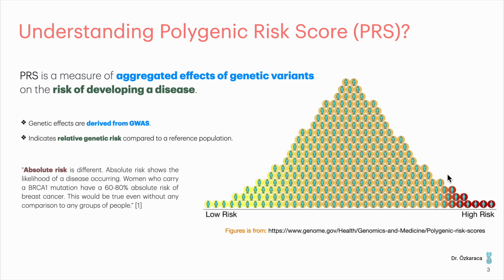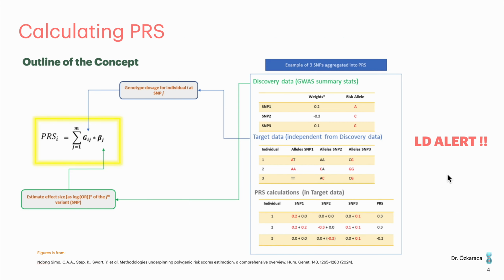Now, that being said, in the next slide, I will explain the core logic of how we calculate polygenic risk scores. This is a figure taken from a recent study. It explains the core logic of calculating polygenic risk scores.